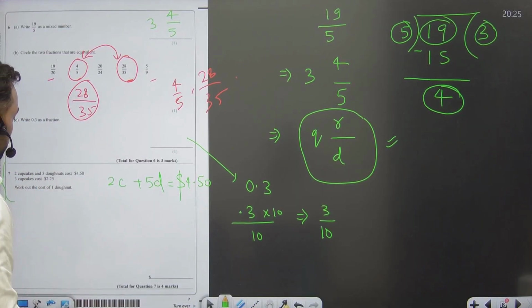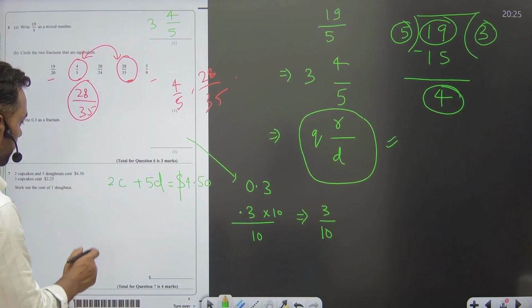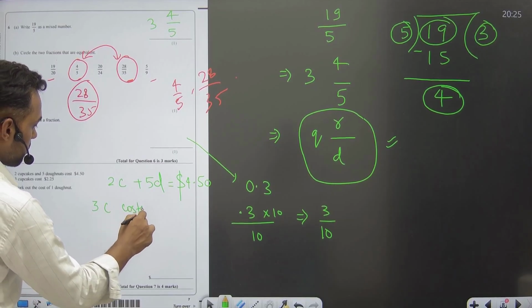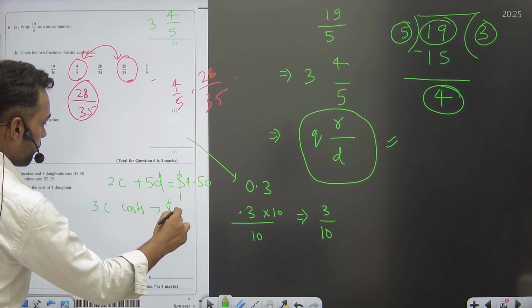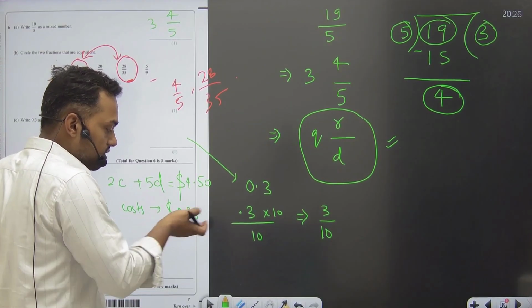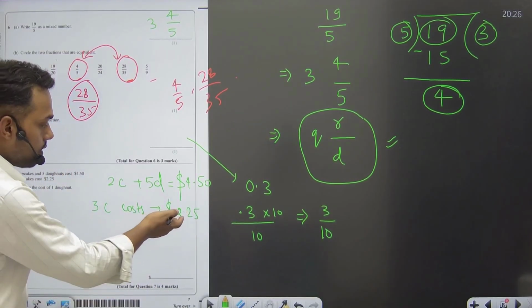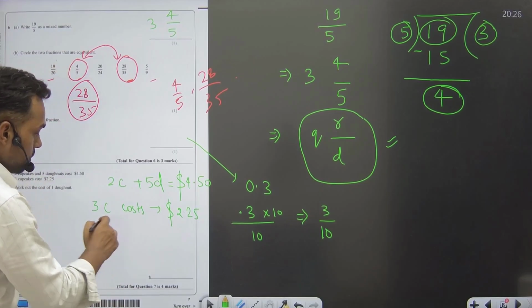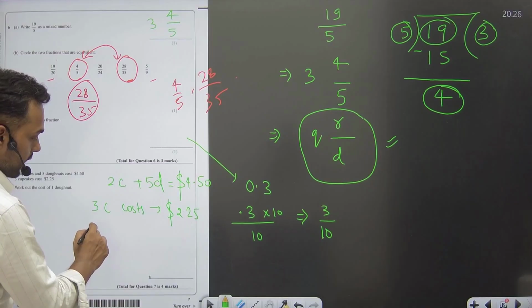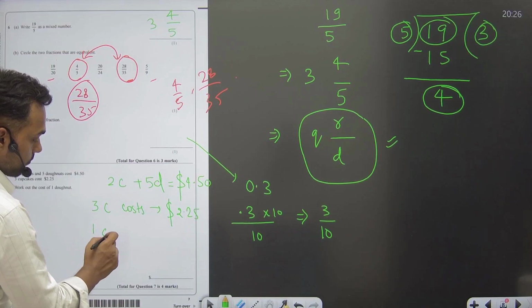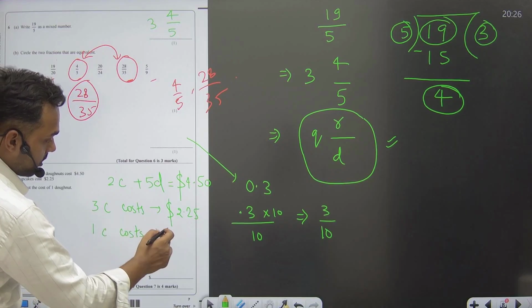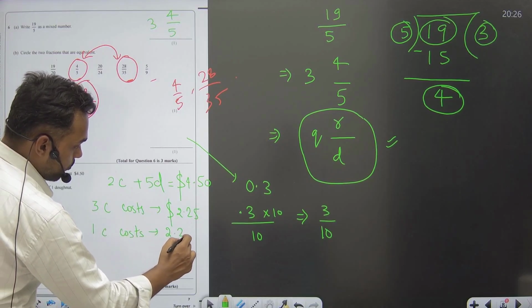Now 3 cupcakes cost $2.25. While calculating this problem, we need not mention the dollar sign here. For 3 cupcakes the cost is given, so can't we find the cost of 1 cupcake? For 1 cupcake it will be 2.25 upon 3.